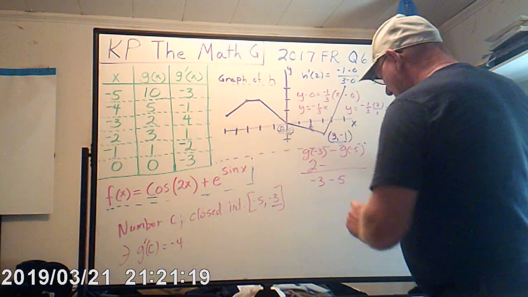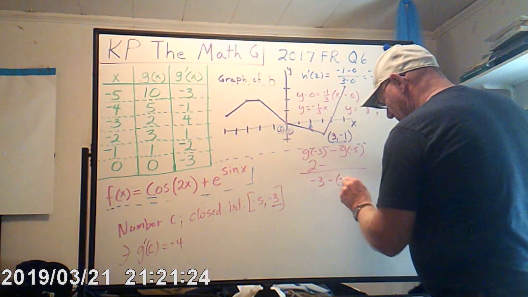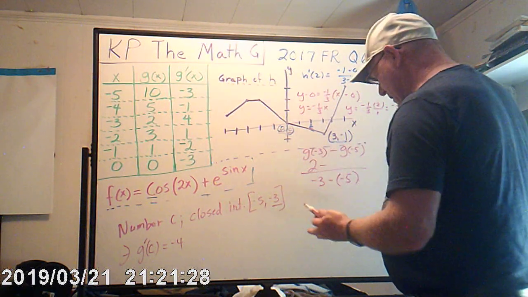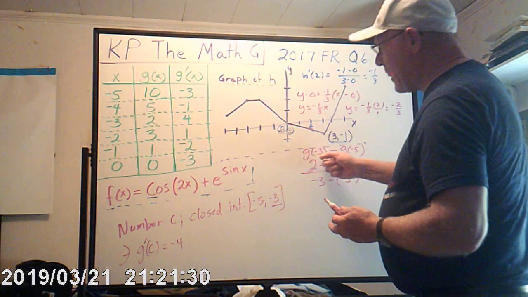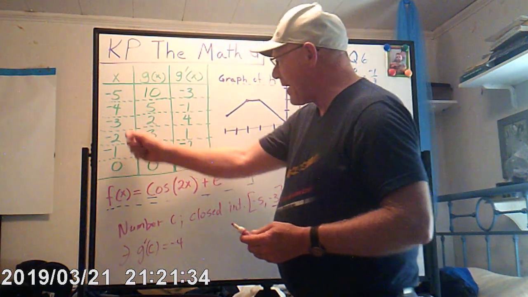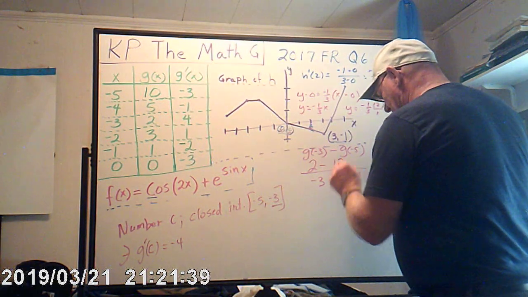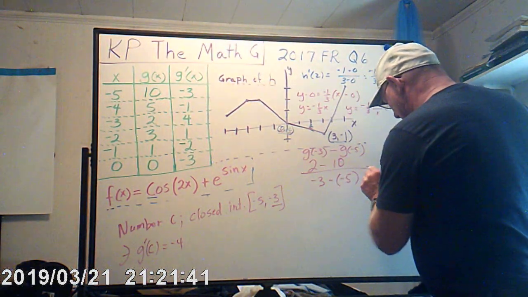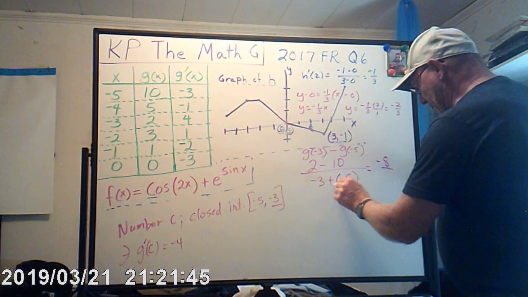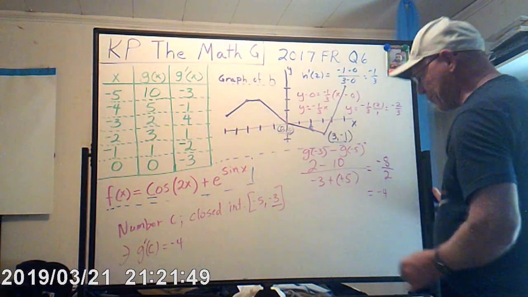It's kind of like slope, isn't it? So G at -3 is 2, G at -5 is 10. This is going to be negative 8 over 2, which is negative 4.